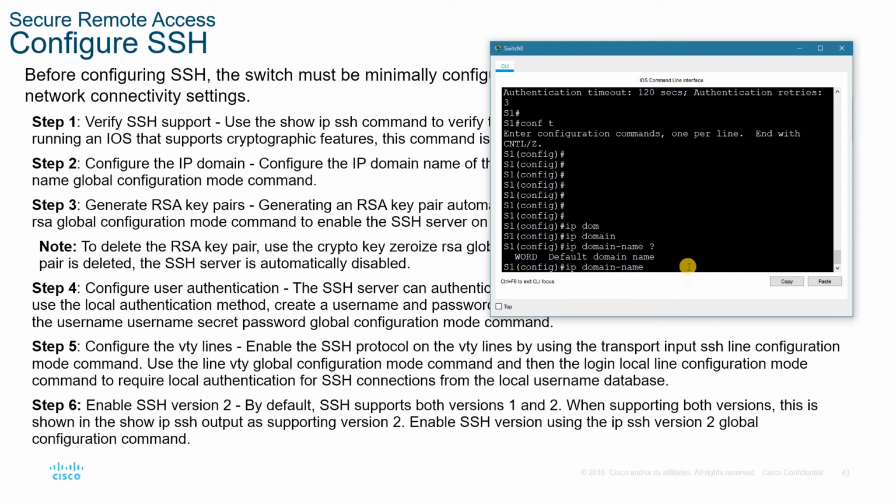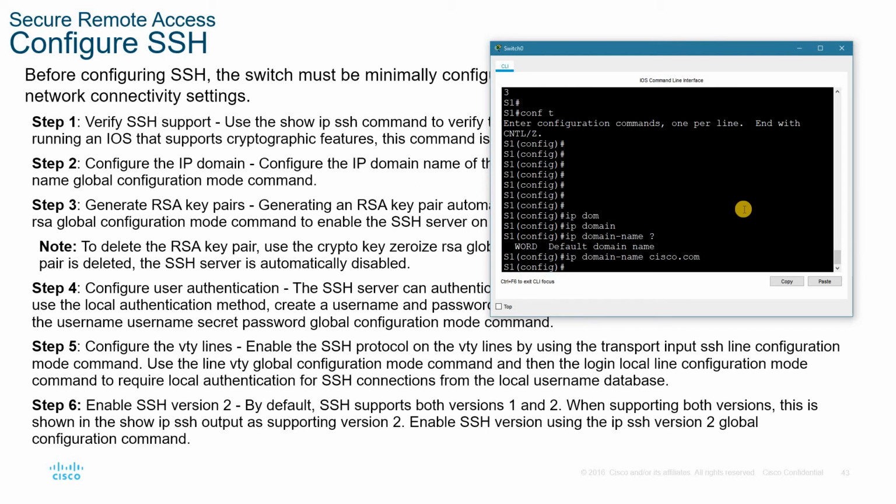Just take note of the different commands na per procedure, guys. So the domain name is actually any domain name na gusto mong ilagay. So for example, let's say cisco.com. Alright, so cisco.com, sample lang. You can add the domain of your company if you want.